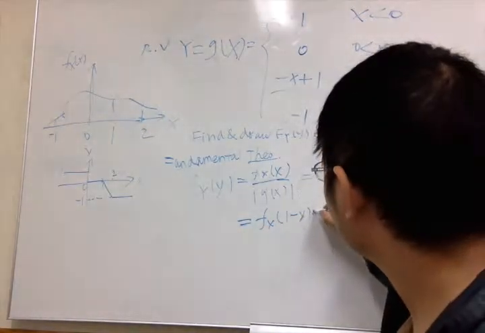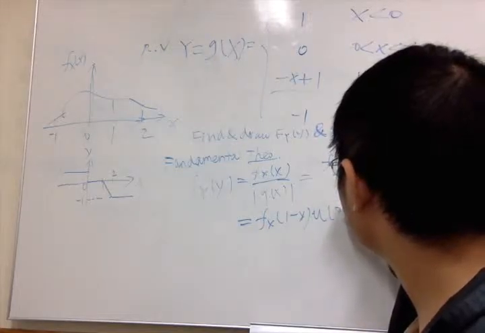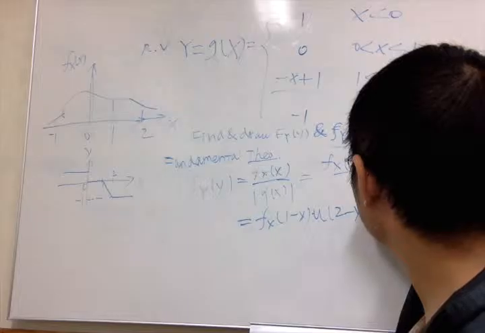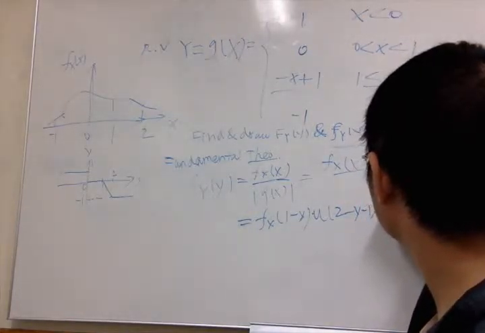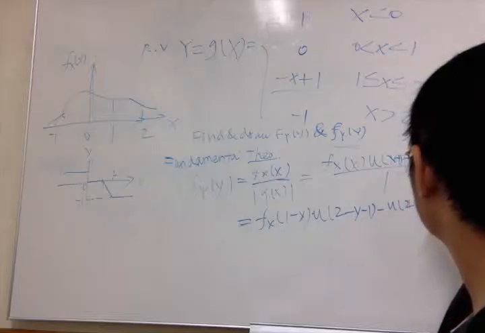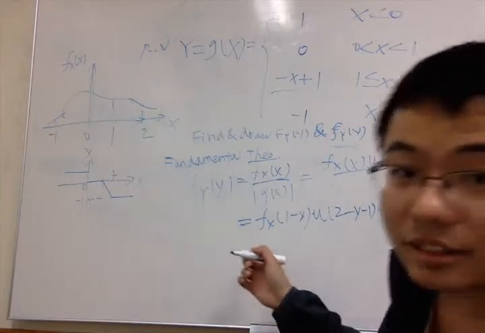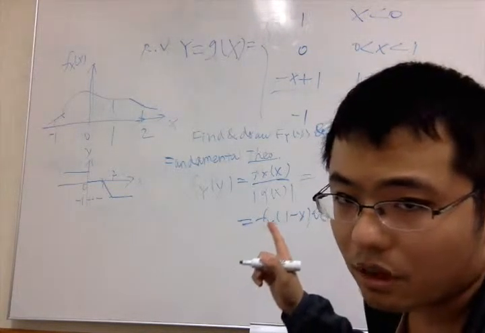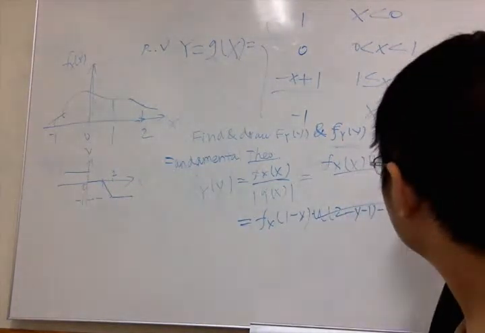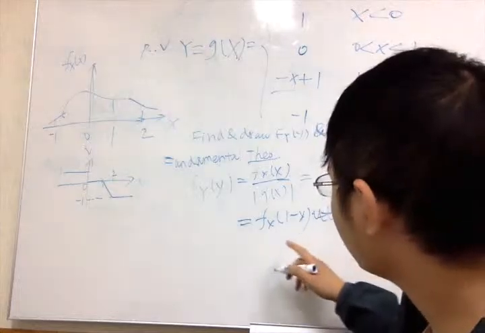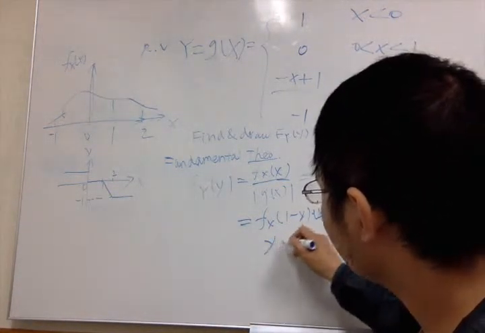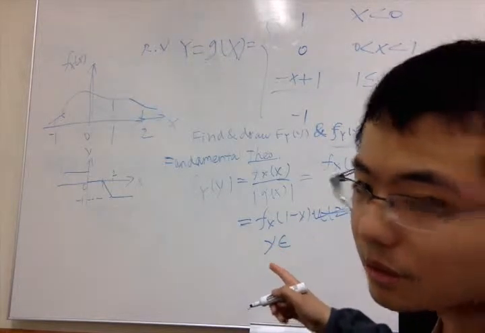Of course, we could also write it like this, and we could cross out the step function part and instead substitute it with a certain interval of y.